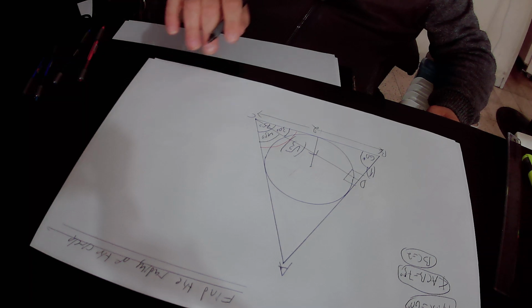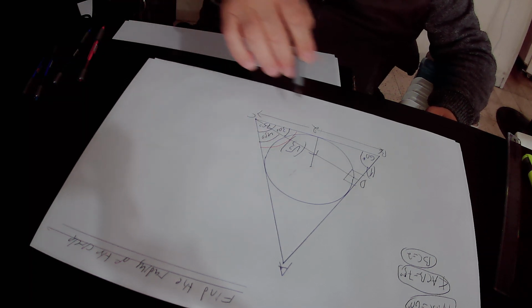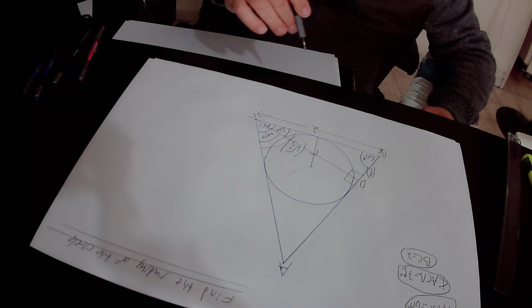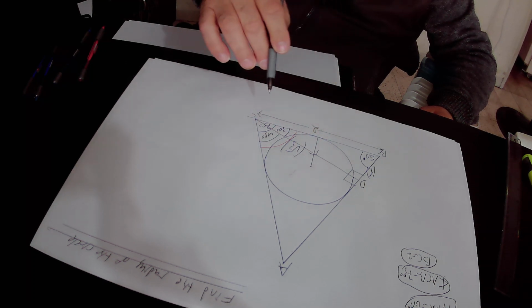In the next step, I will copy the right triangle ACD in a new page and we'll analyze this right triangle ACD.